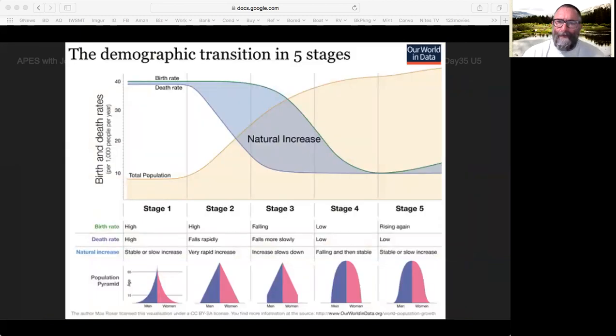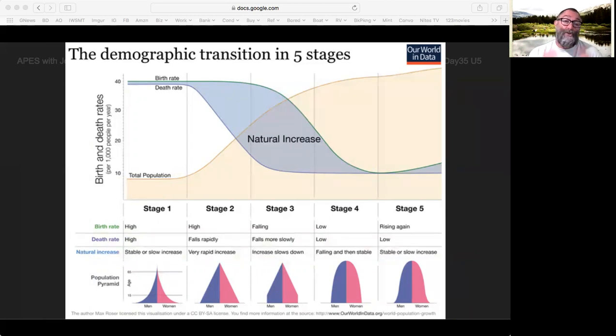You'll notice stage 5 looks different than the others because like I told you, stage 5 can go both ways. We're not really going to get into stage 5. But notice those age structures down there. You can see that in stage 1 countries, you've got a ton of babies that just don't make it very far. That's called high infant mortality.